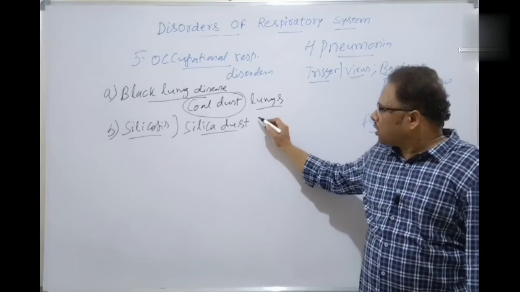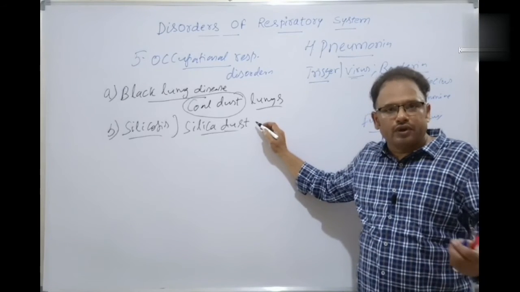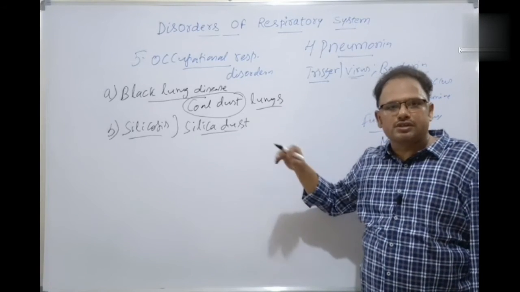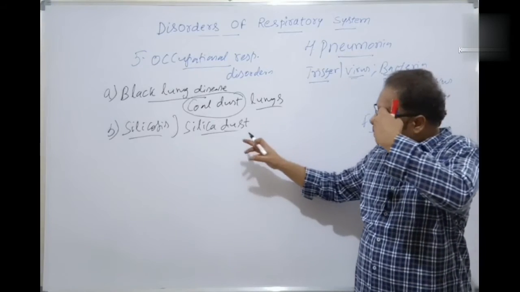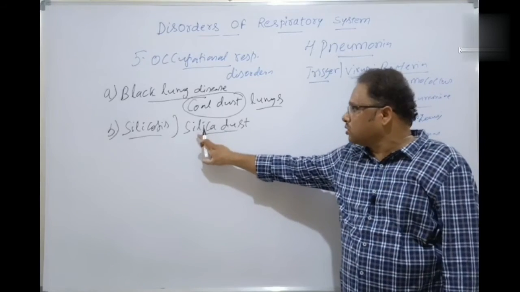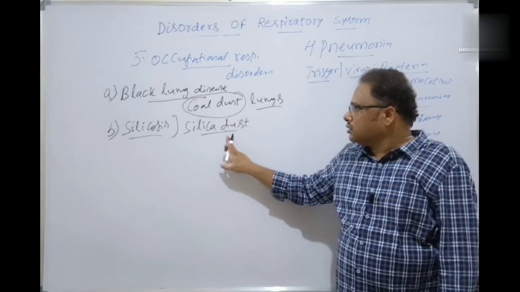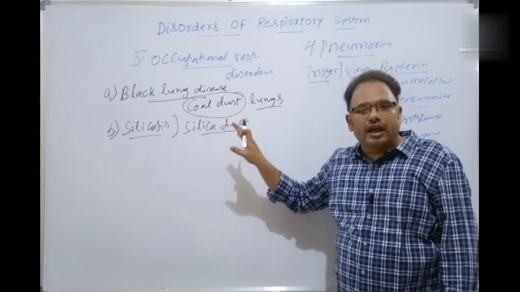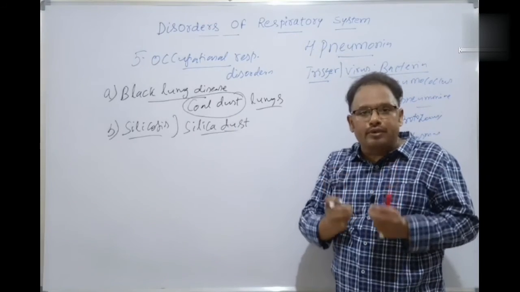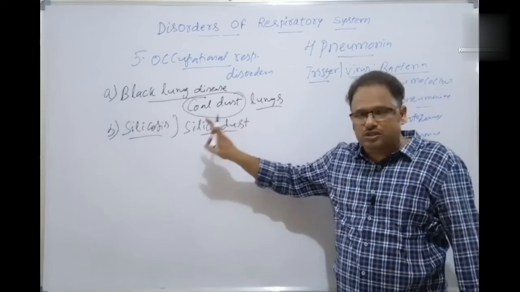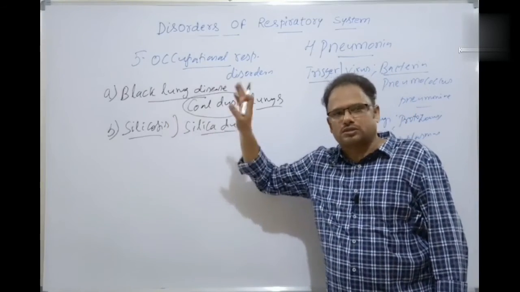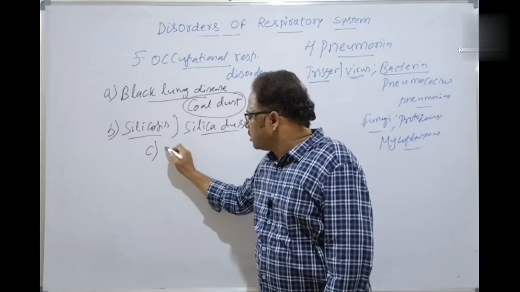And also tunneling workers, mining industries. There are chances that these people get recurrently exposed to the silica dust. And when the silica dust is inhaled recurrently, it may damage the lungs, and that manifestation is called silicosis.